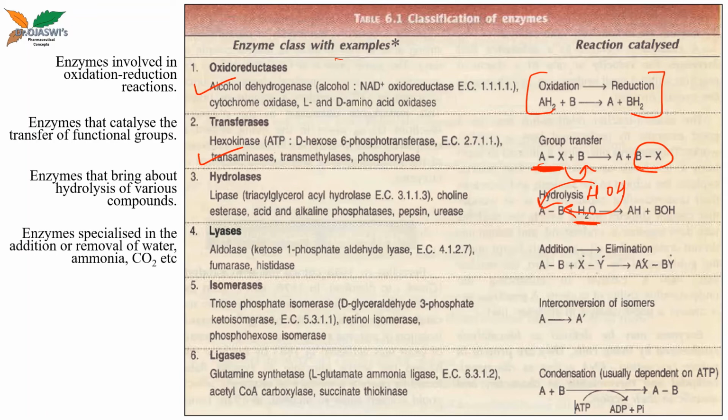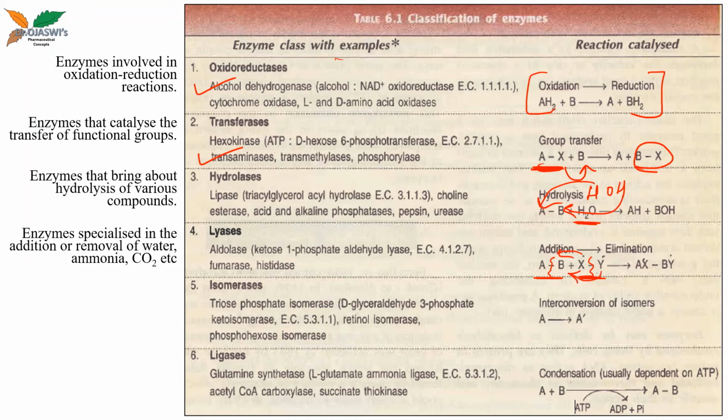Then lyases is the fourth class. These are specialized in the addition or removal of water, ammonia, carbon dioxide. Means the small molecules are removed here. So here addition and elimination. This is broken, and it has been added here.